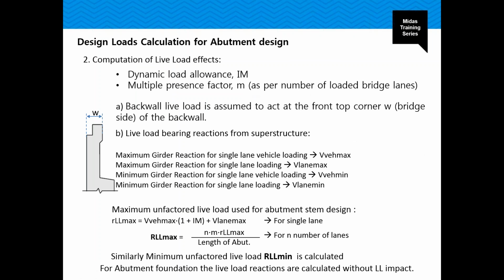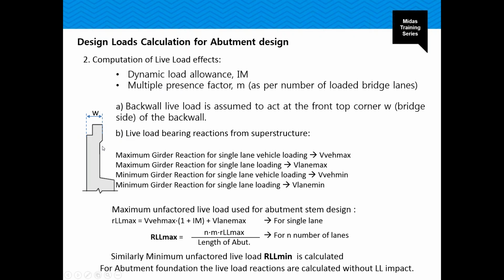So first of all, the back wall live load as per the width of back wall is calculated, and it is calculated by placing the design truck axles and including the dynamic amplification factor and multiple presence factor.